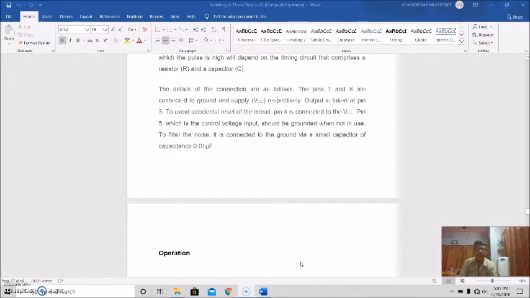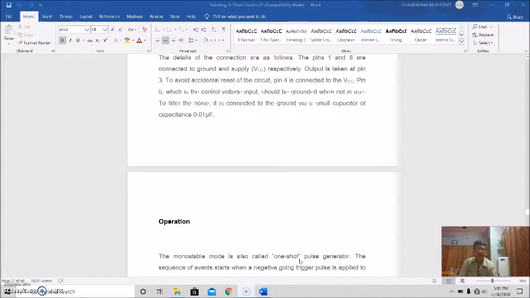Pins 1 and 8 are connected to ground and supply VCC respectively. Output is taken at pin 3. To avoid accidental reset of the circuit, pin 4 is connected to VCC. Pin 5, which is the control voltage input, should be grounded when not in use.